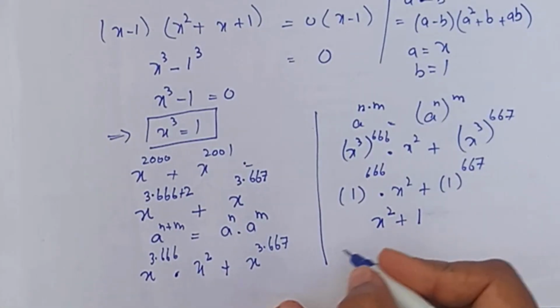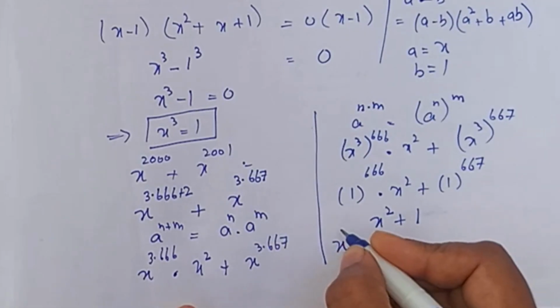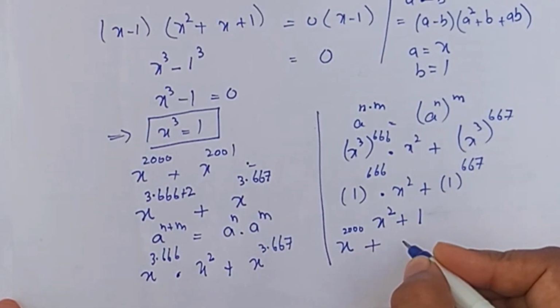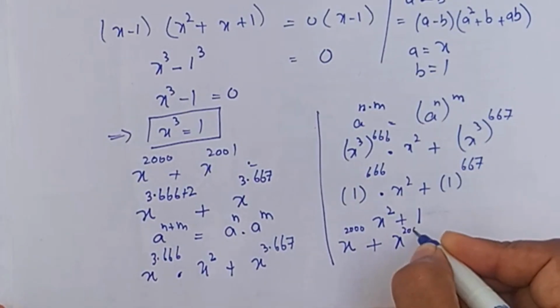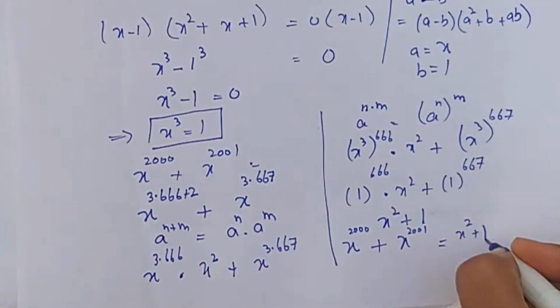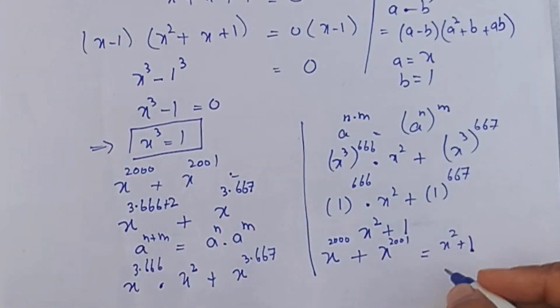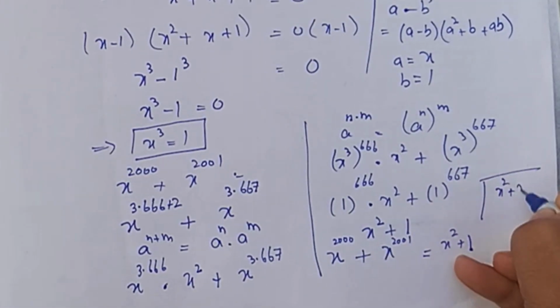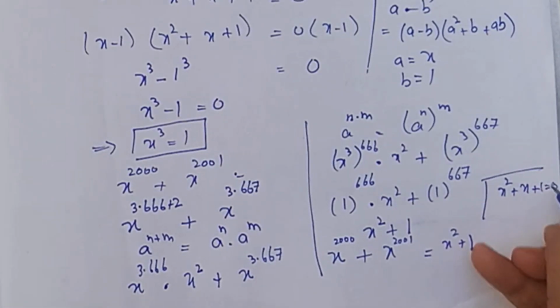So this implies x raised to the power 2000 plus x raised to the power 2001 is equal to x square plus 1. And our given information is x square plus x plus 1 is equal to 0.